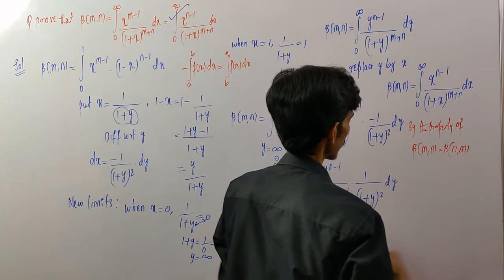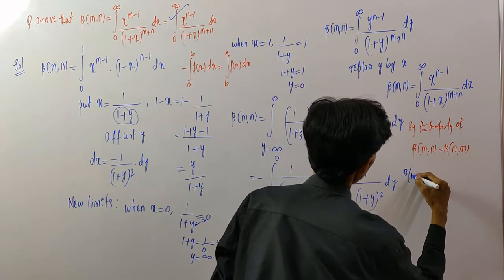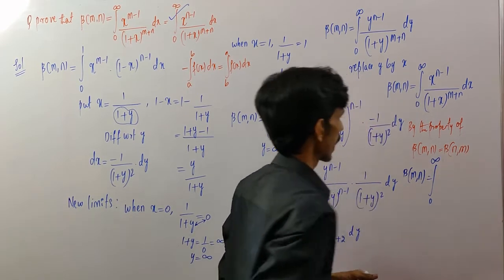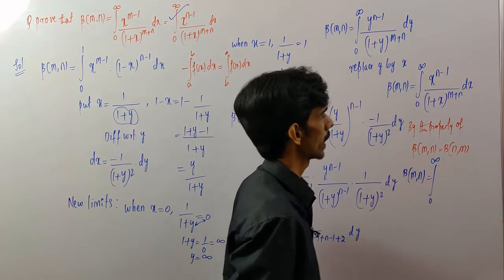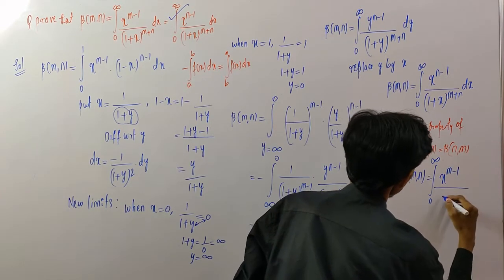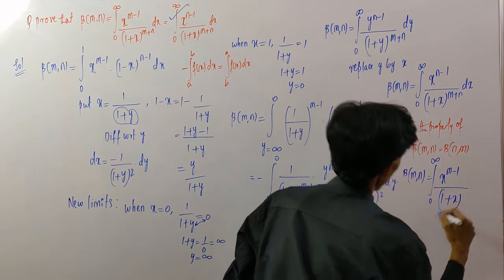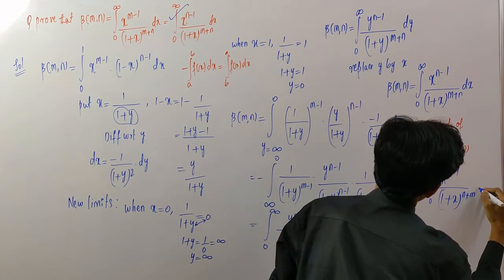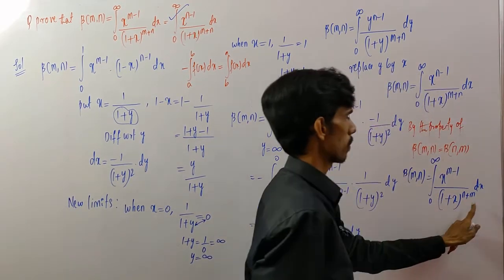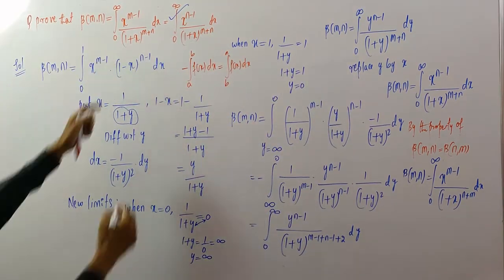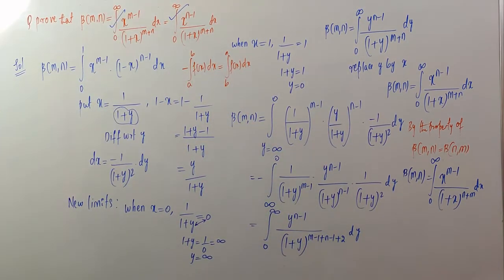So here it will become beta of m comma n is equal to integration 0 to infinite, in place of n we can write m, so x power of m minus 1 divided by 1 plus x whole power of n plus m dx. So n plus m is also m plus n. So we got this relation also.